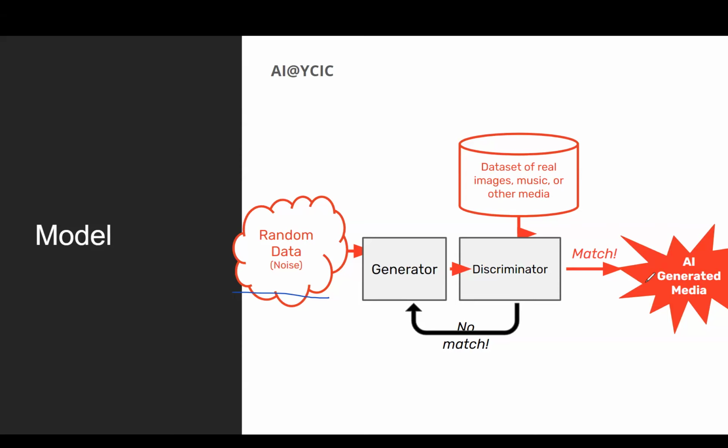But keep in mind the generator generates something new. It generates a piece of media that could exist, but it doesn't. So if the discriminator says no, this looks like it's AI generated, then the generator will keep going. And finally, the discriminator will find a match and believe it's created by a human.